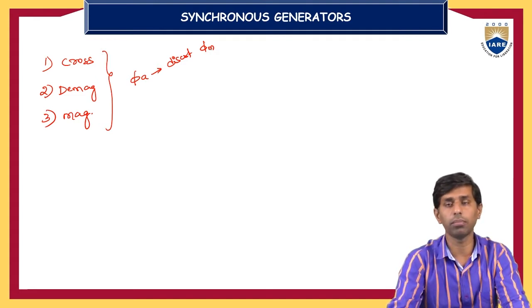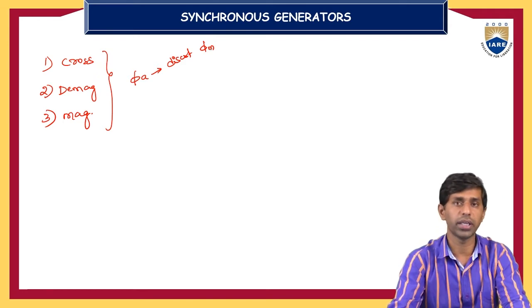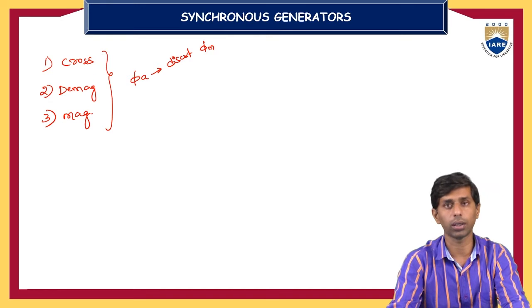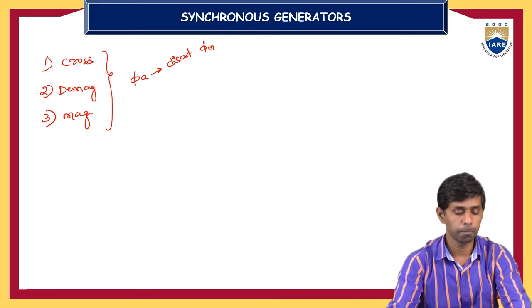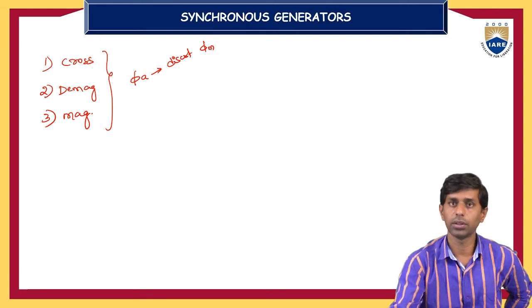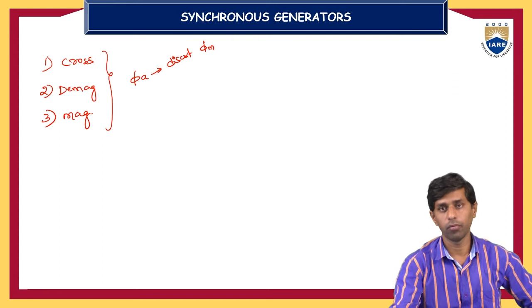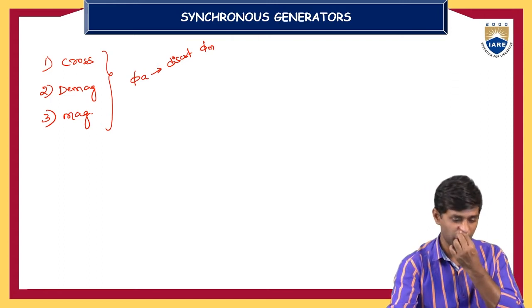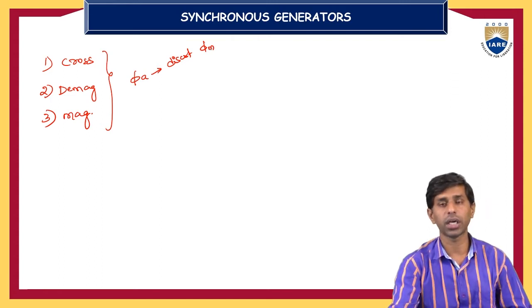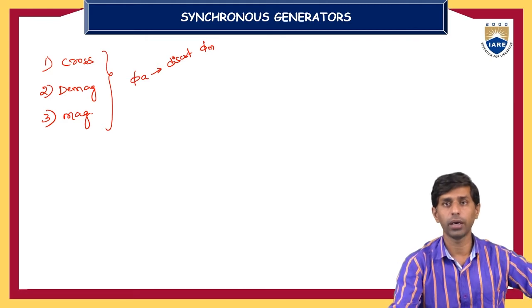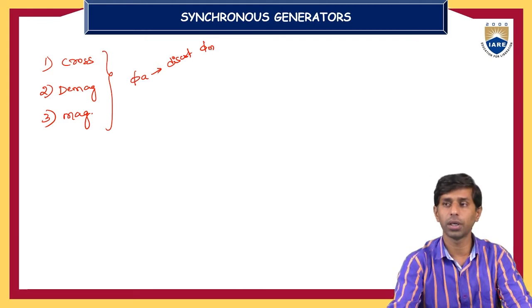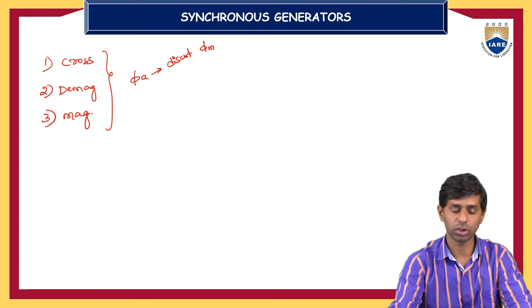Either it can weaken the main flux or it can strengthen the main flux, depending upon the load connected to the alternator. Under unity power factor loading conditions, the armature reaction effect is partly distortion and partly demagnetizing. In the case of the lagging power factor loading condition, armature reaction is demagnetizing, and for the leading power factor loading condition, armature reaction has a magnetizing effect.